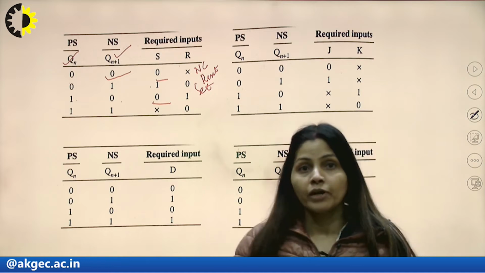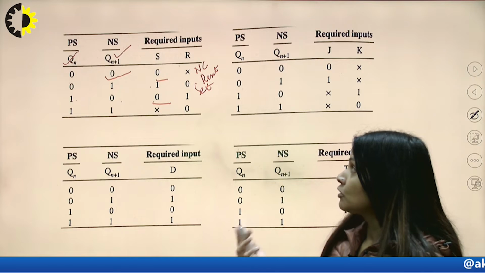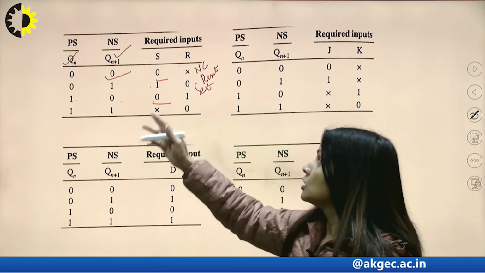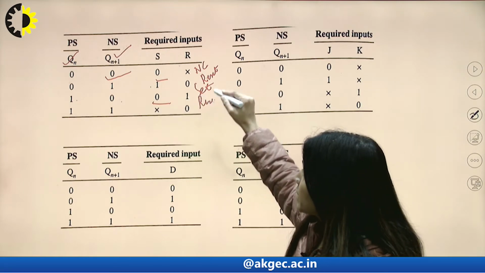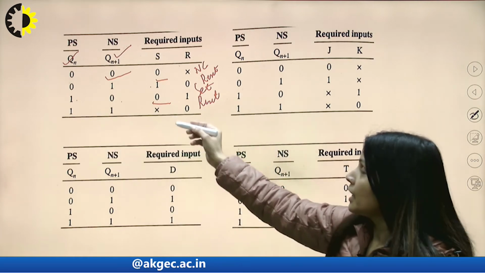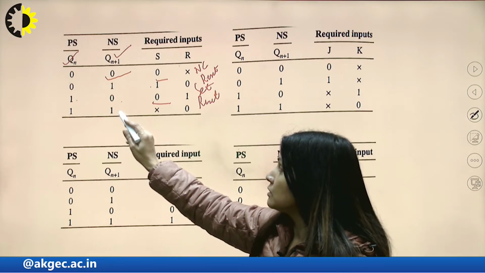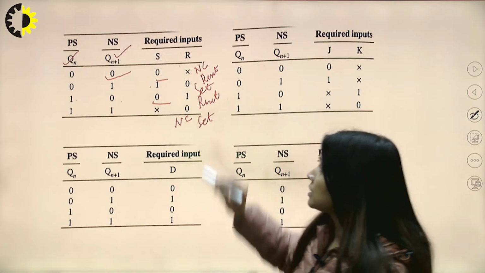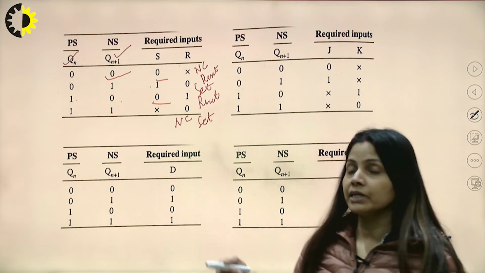So 0 and cross we have already mentioned. 1 and cross, 1, 1 is not possible, so we cannot make it cross. So this is the condition that our flip-flop is getting reset. Now for 1, 1, there is a cross for R. 1 to 1, that means whether it is a no change condition or a set condition. So hence the excitation table for the SR flip-flop can be written.